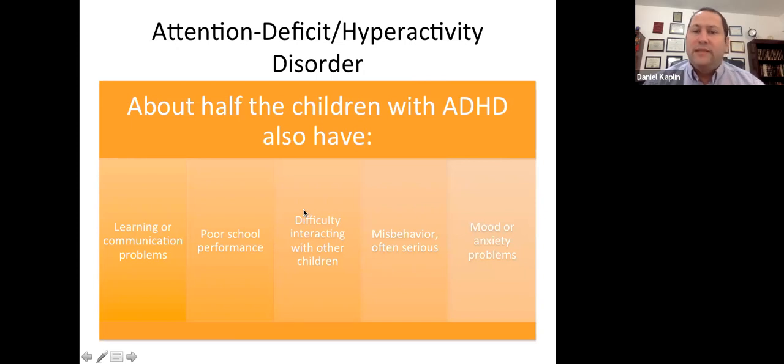And when it comes to ADHD, I said that there are oftentimes co-occurring conditions. So we see people with ADHD struggle with learning and communication. They might struggle with poor academic performance. They might have social and relationship issues with other children or friendships.